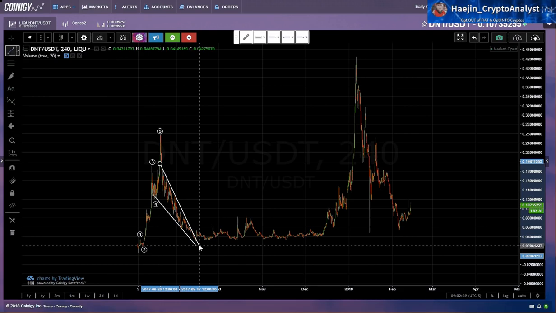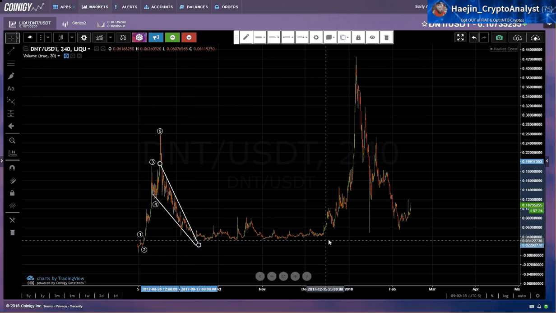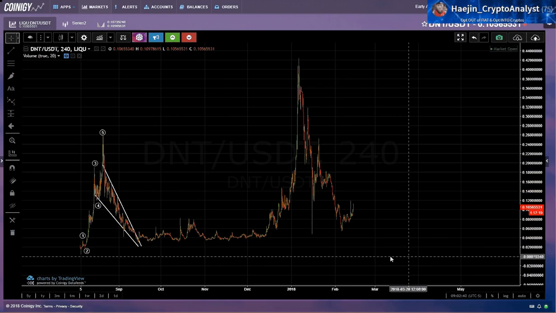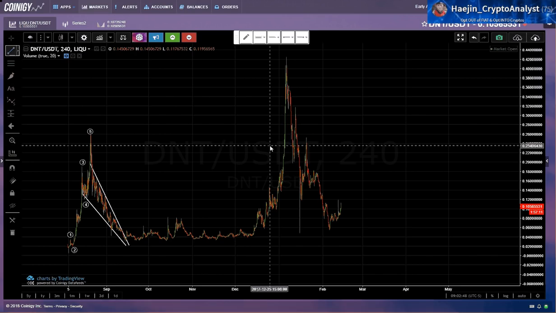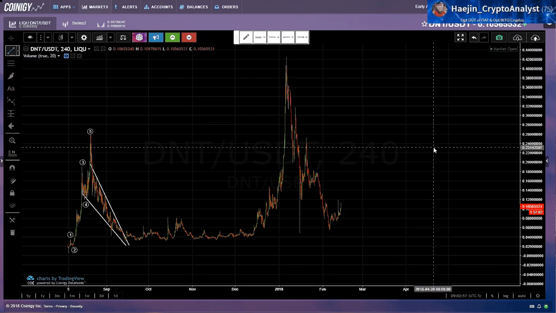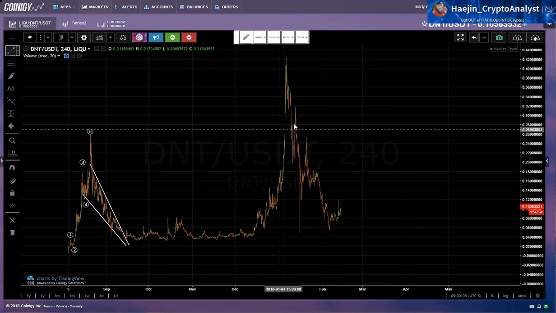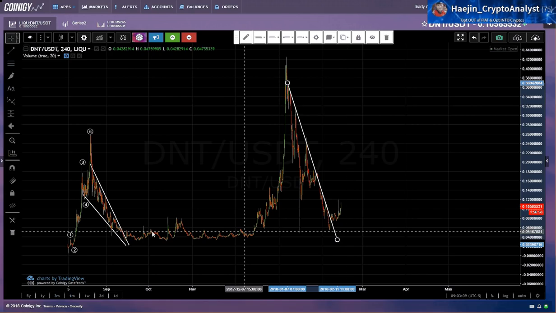We have a symmetrical triangle, and look how long that correction was. And what I'm thinking is, since District 0x is not that mature in liquidity, in other words, it doesn't have as much of a market cap, it's not as widely held as Bitcoin, therefore it too might do this on a larger scale.